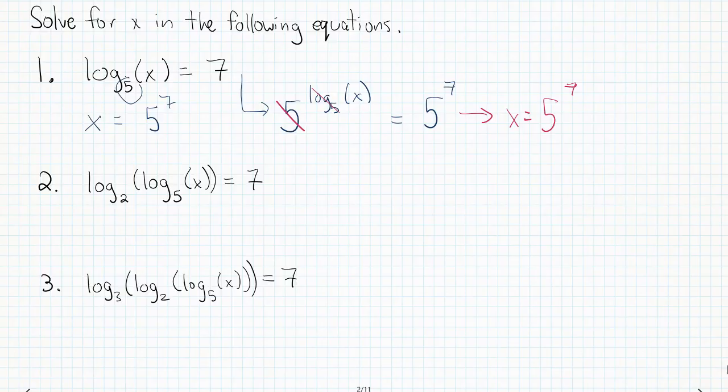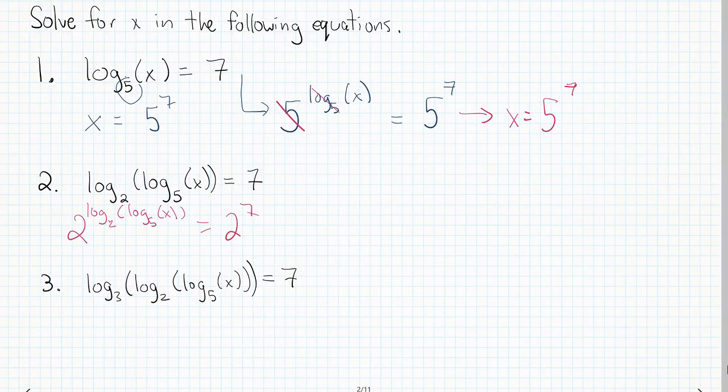Now on the next one, notice we have two logs. We have log base 2 of log base 5 of x equals 7. Now we need to get rid of this outside function first. So we'll do 2 to the log base 2 of log base 5 of x equals 2 to the 7th.